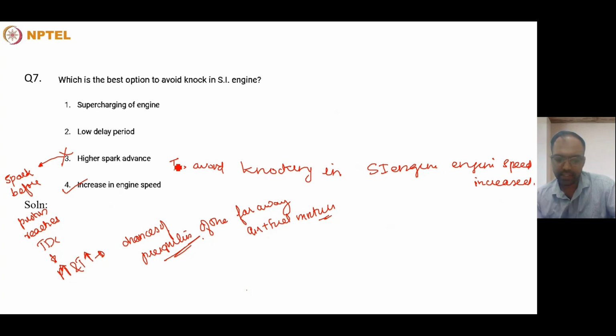And the next one is supercharging and low delay period. In the case of an SI engine, there is no delay. It can be due to the atomization, a physical delay, for the fuel to atomize and get mixed with the air.